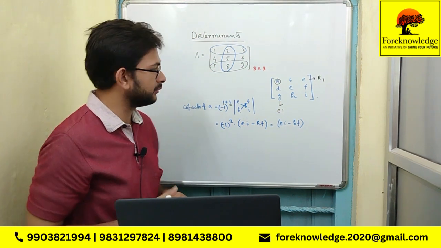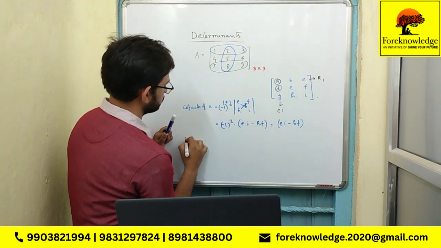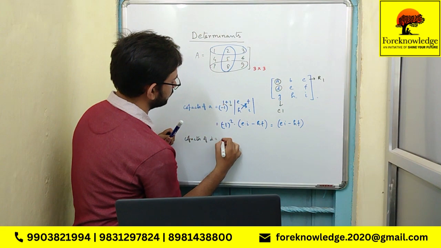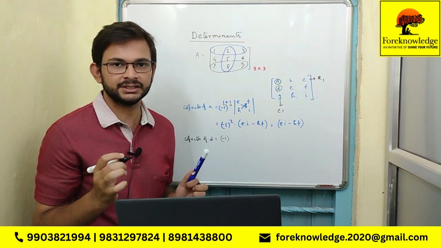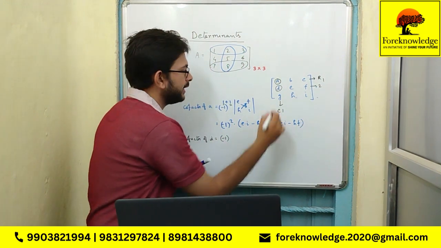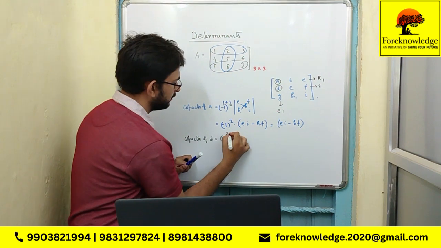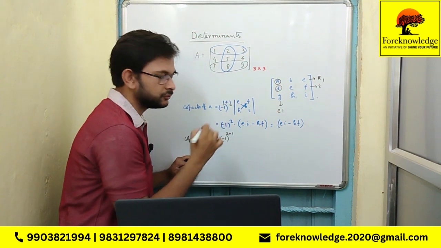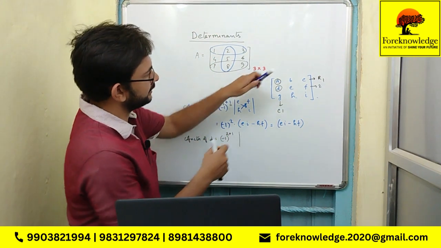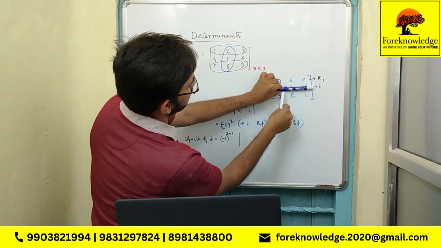Now if we are to calculate the cofactor of D, cofactor of D equals minus 1 to the power, what is that? D is present at second row and first column. So row number is 2 plus column number is 1, 2 plus 1, into the subdeterminant.